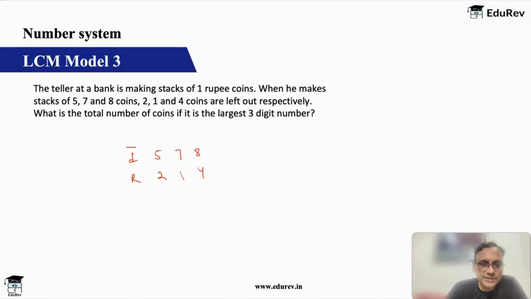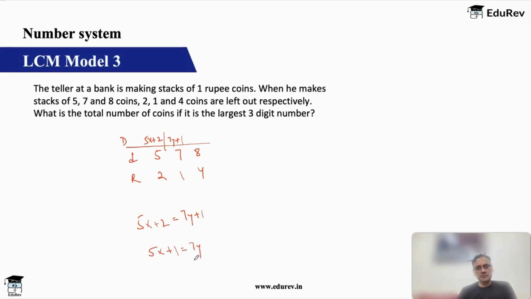From the first case, my dividend would be 5x plus 2. Okay. From the second case, my dividend will be 7y plus 1. Equating both of them, 5x plus 2 is equal to 7y plus 1 gives me 5x plus 1 is equal to 7y.